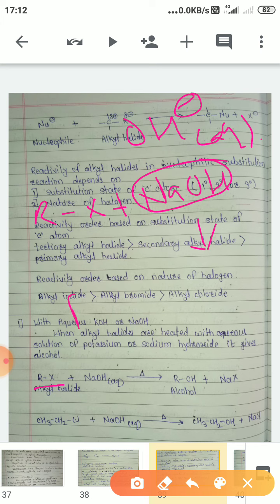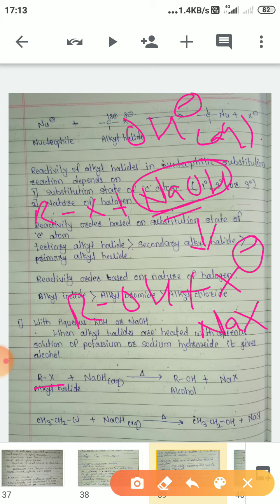So we'll get ROH plus X minus. Or we can also write NaX, that is sodium halide. So the first reaction to remember: when alkyl halides react with aqueous solution of potassium hydroxide or sodium hydroxide, they give alcohols.